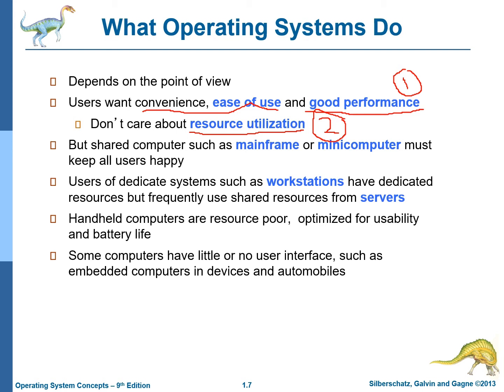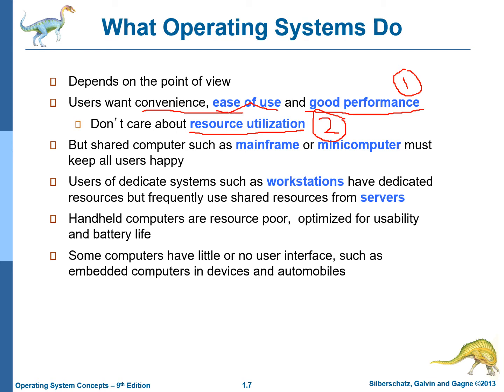There are different types of operating system. For example, whatever operating system we are using in our day-to-day life, say for example Windows 10 or Linux. This type of operating system, which is running in a personal computer or in a normal desktop, here the objective is to ensure that the user gets a good experience.